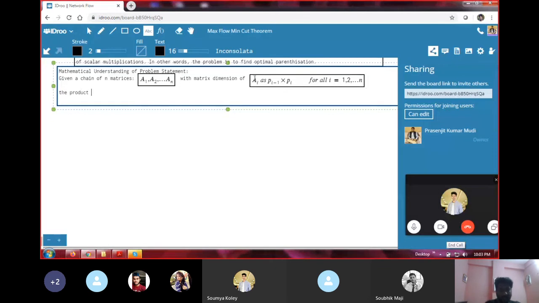The product A1 A2 A3 up to An is parenthesized in such a way that it minimizes the number of scalar multiplications.